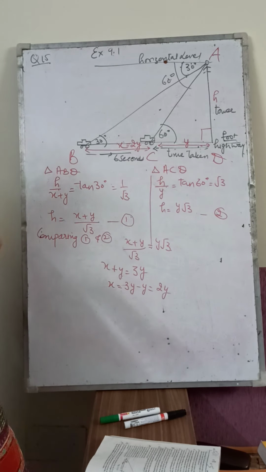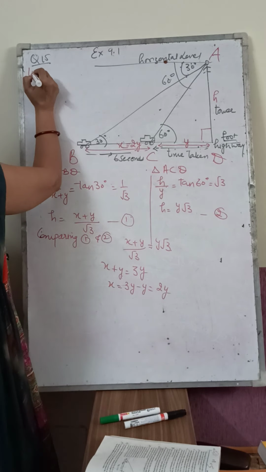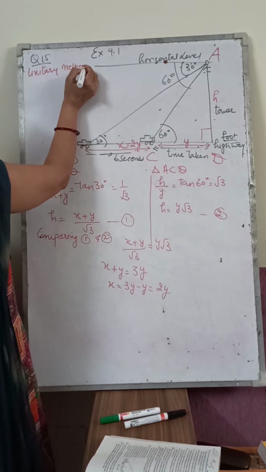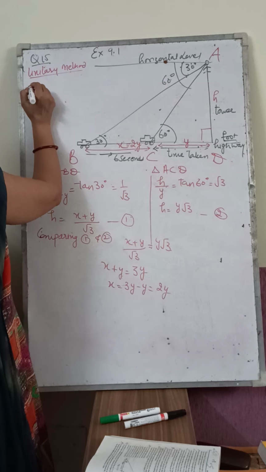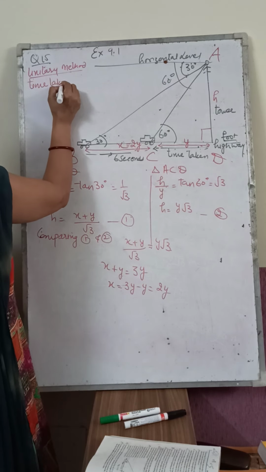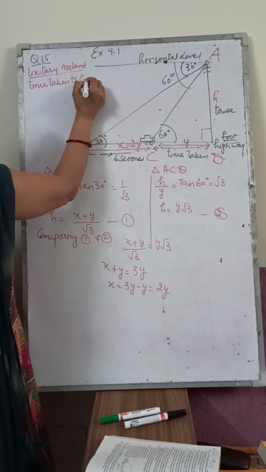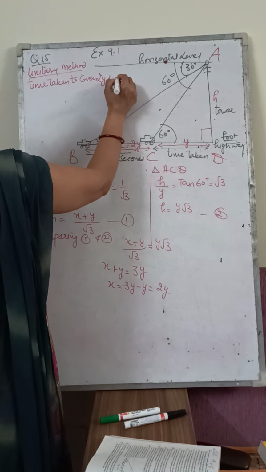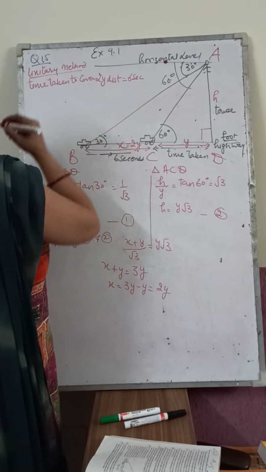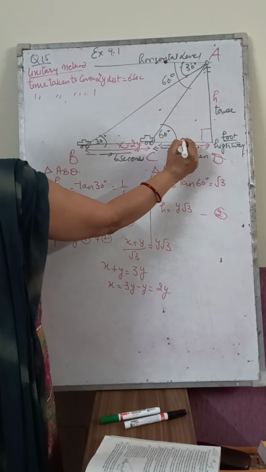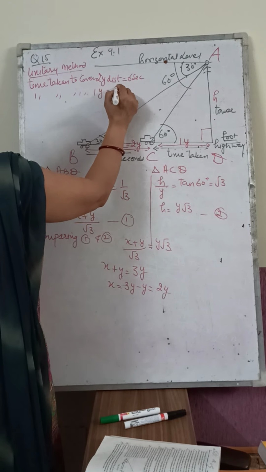Here I am using the unitary method. How am I using the unitary method? The time taken to cover 2y distance is 6 seconds, and we have to find the time taken to cover 1y distance.